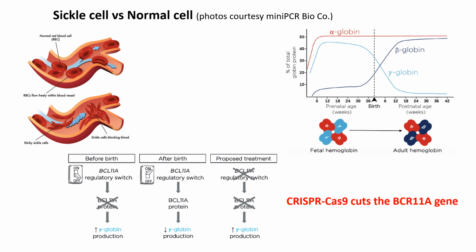Gamma globin is additional in fetal hemoglobin and beta in adult. 4 months after birth, a switch flips on, which starts to produce beta globin and reduces gamma globin. Beta globin carries the sickle cell gene, but gamma does not. If the switch is removed, gamma globin starts to form and beta globin reduces. This cures sickle cell.